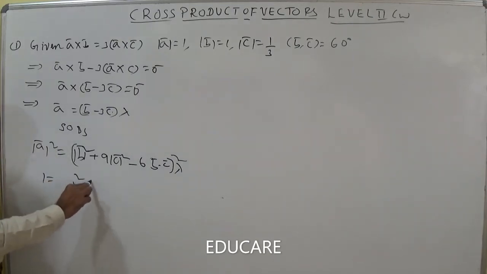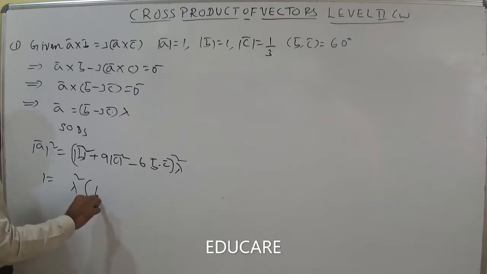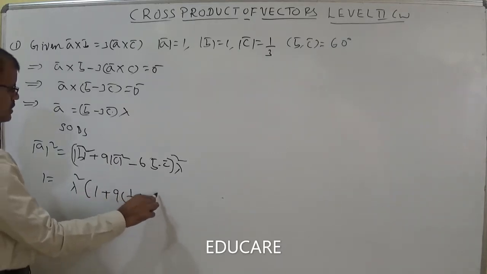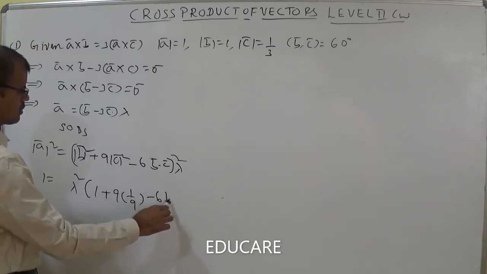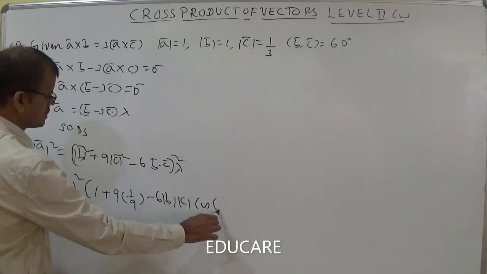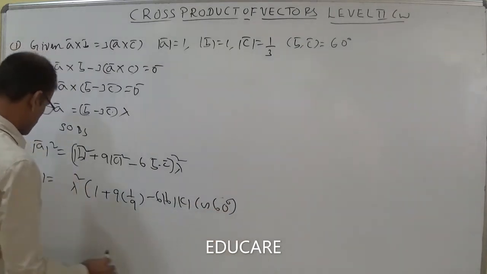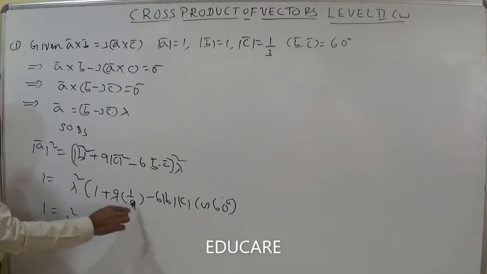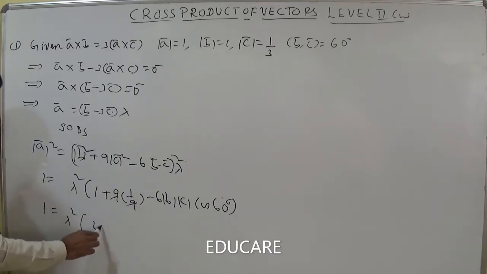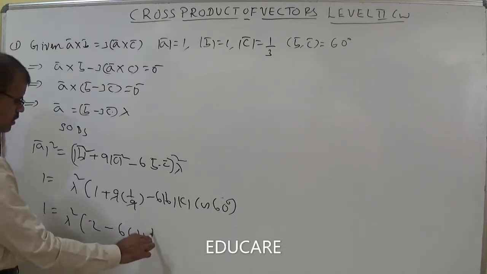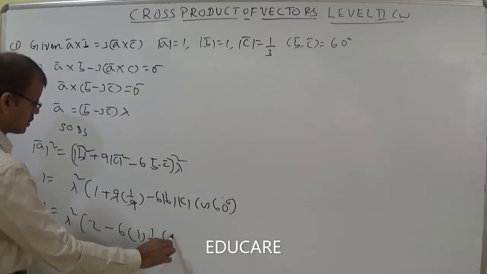You can write lambda square into mod B square 1 plus 9 into 1 by 9 minus 6 into mod B into mod C into cos 60 degrees. So 1 is equal to lambda square into, here 9 gets cancelled, 1 plus 1 becomes 2 minus 6 into 1 into 1 by 3 into 1 by 2.